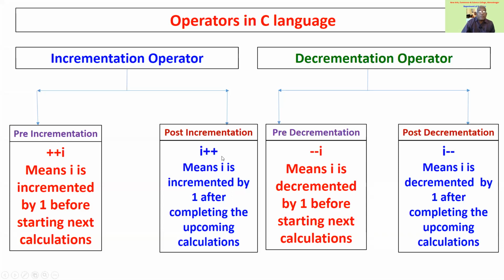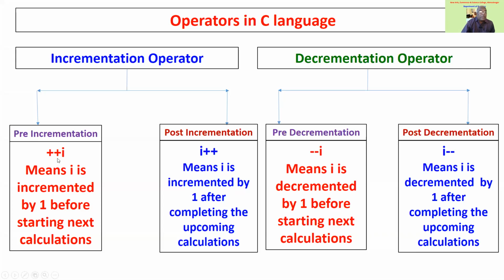I plus plus is the indication of a post-incrementation operator. Minus minus I is pre-decrementation and I minus minus is post-decrementation. What do you mean by post-incrementation and pre-incrementation, or pre-decrementation and post-decrementation?